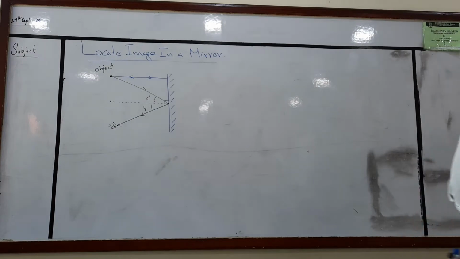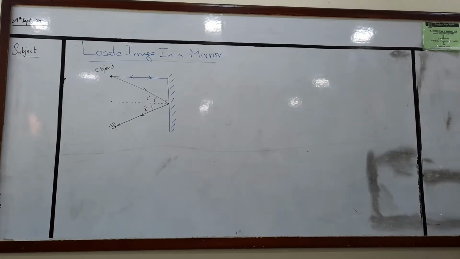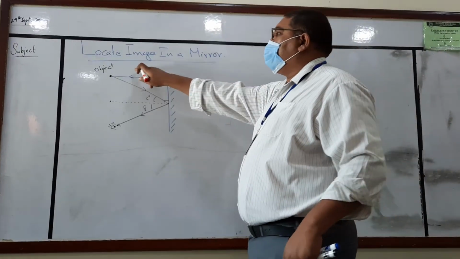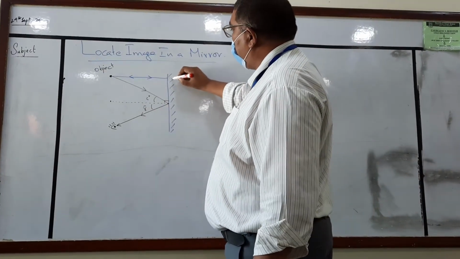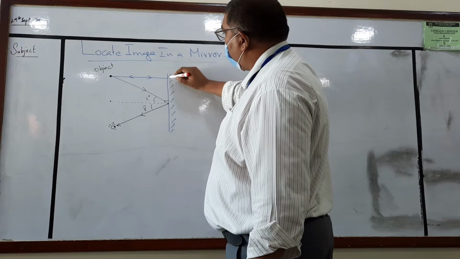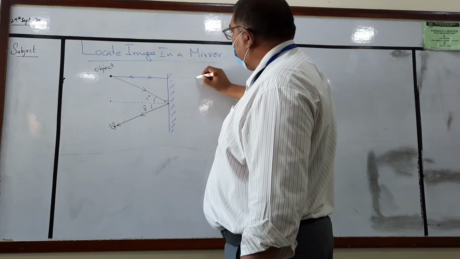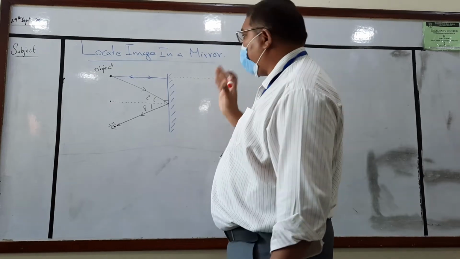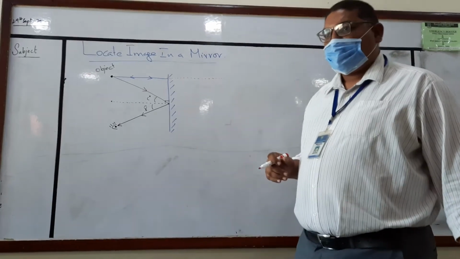Then, once you have drawn this, prolong line number 1 behind the mirror. Because it is behind the mirror, it is a virtual thing, so I draw it with dotted lines.